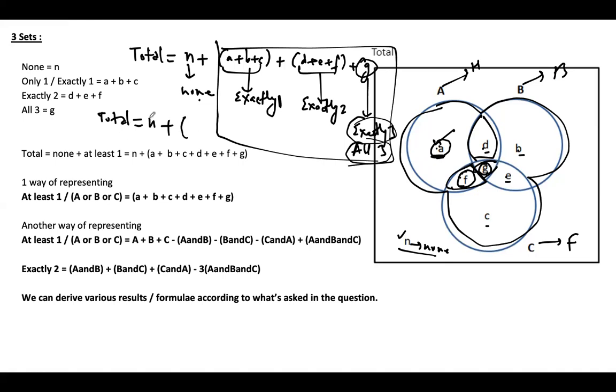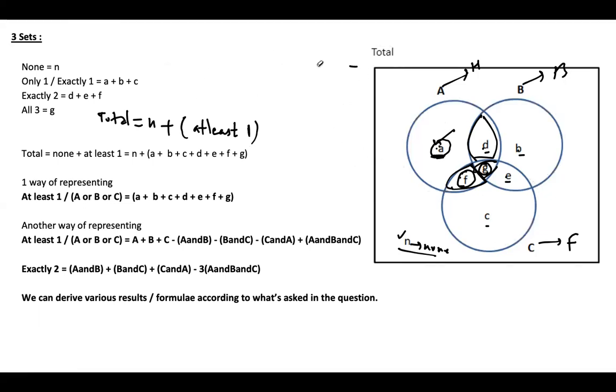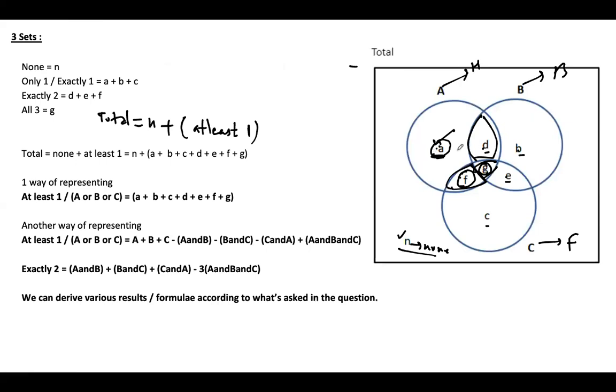So can I say total is equal to none plus people who are playing at least one sport? Is it safe to say? Yes. Okay. Now, earlier, different information was provided: only one, exactly 2.